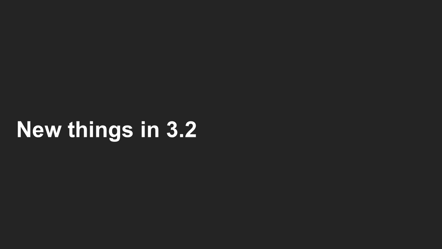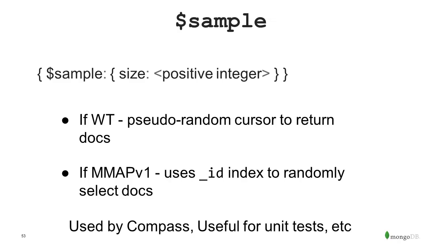All right, so 3.2. Let's jump into some things there. There's a new operator called $sample where you specify a size, and this will do a kind of random sampling over a given collection. It uses different strategies depending on your storage engine.